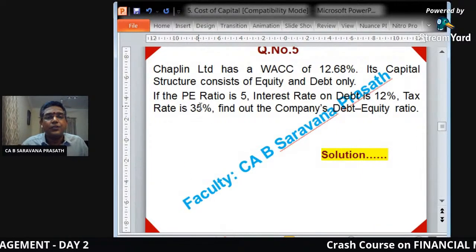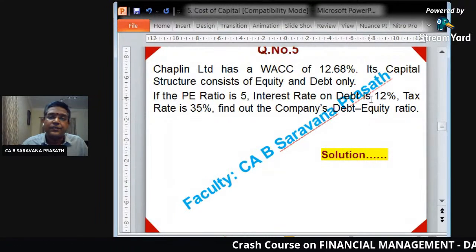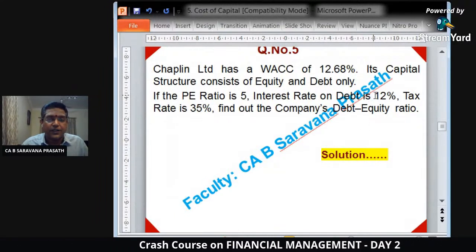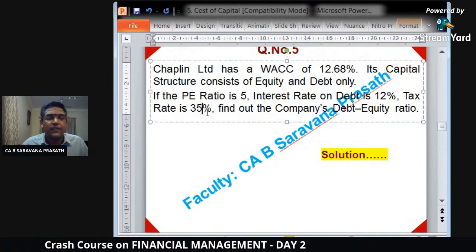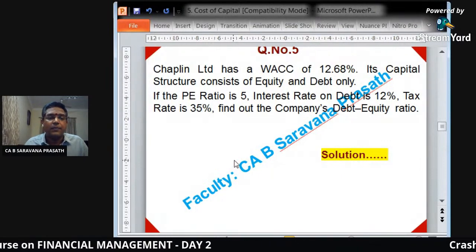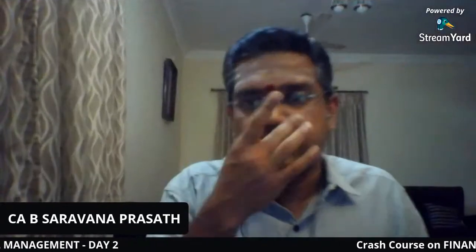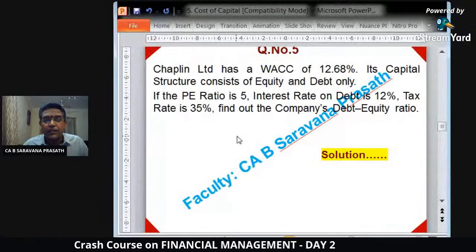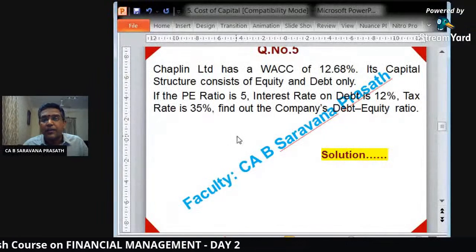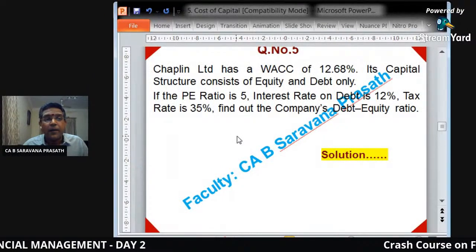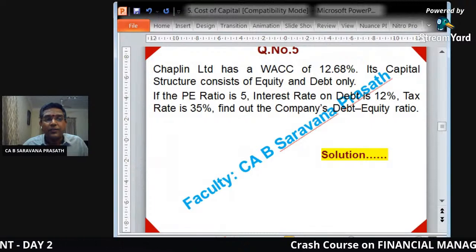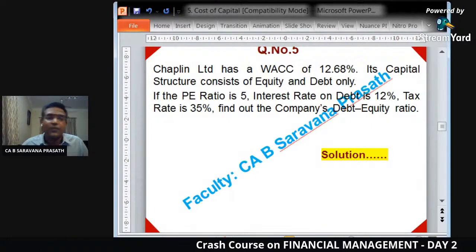If the P/E ratio is 5, interest rate on debt is 12%, tax rate is 35%, find out the company's debt equity ratio. The earlier question was to calculate the cost of equity. Now this question is how to calculate the debt equity ratio.